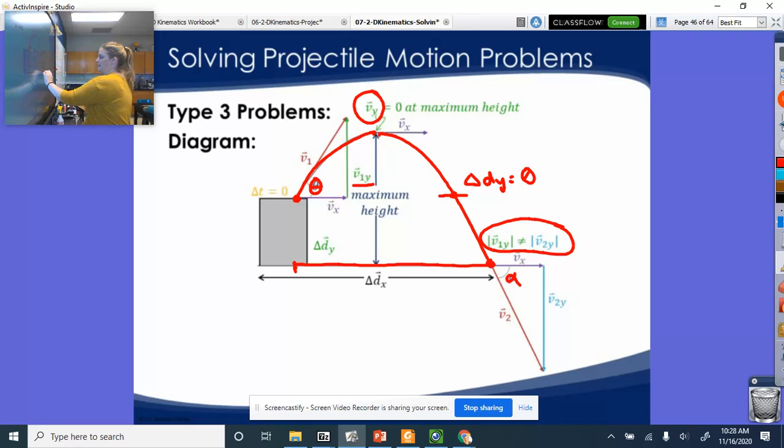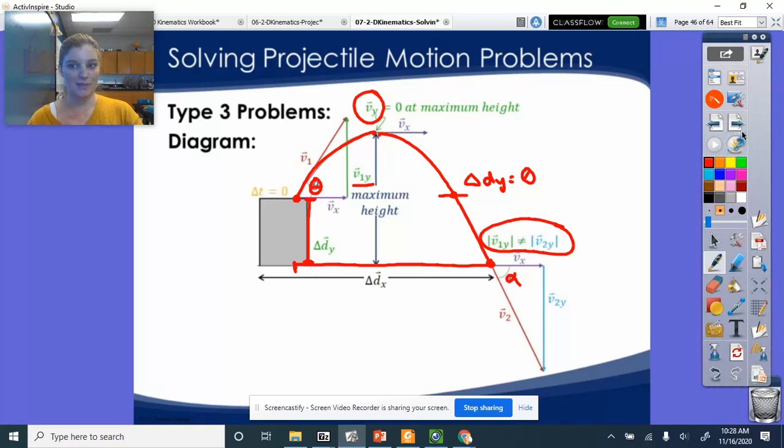So when I come down here all the way to the bottom, I'm looking at having moved only this much vertically. So however high I start is however far I fall from my displacement. So my displacement in the y isn't 0. I've fallen down farther.